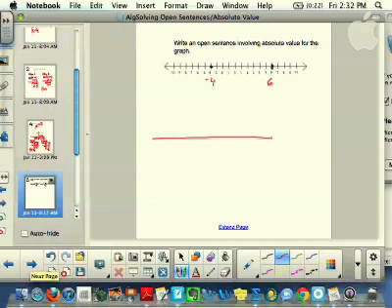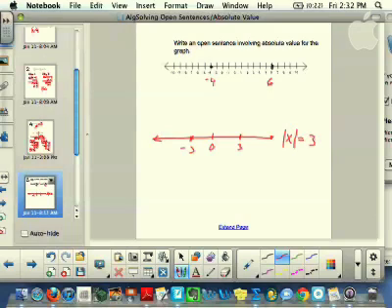It would be easy if the dots were on 3 and negative 3, because then I could say the absolute value of x is 3, because they are both 3 units away from 0. But that's not the case in the example problem. They're not the same distance away from 0, but they are the same distance away from some number.